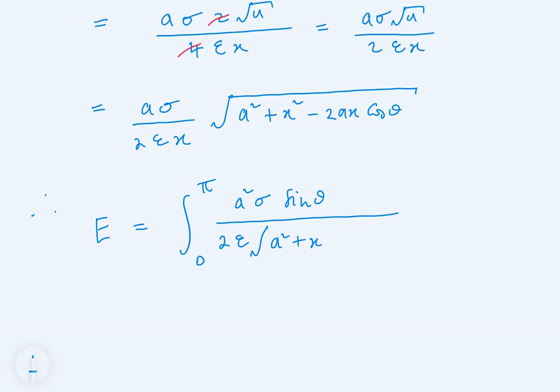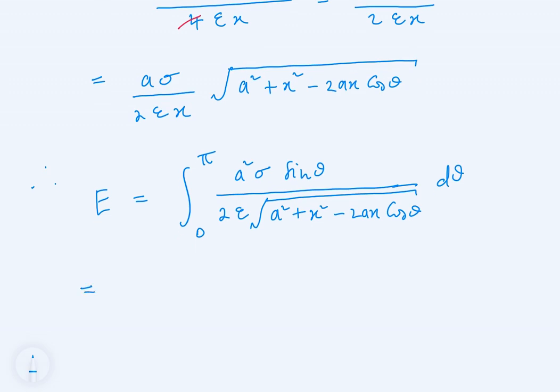The textbook says minus, but it's actually plus. So it's the square root of a squared plus x squared minus 2ax multiplied by cos theta. Yes, that's correct. And we do this with respect to theta.